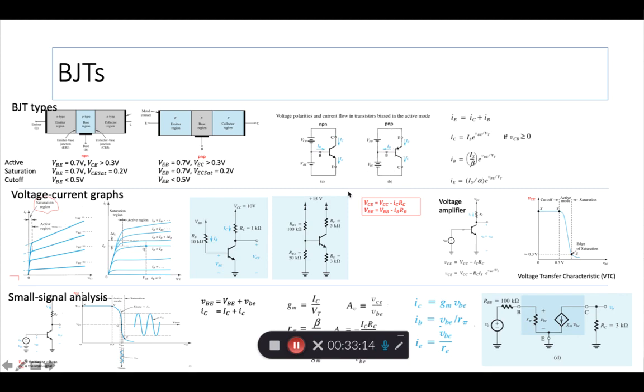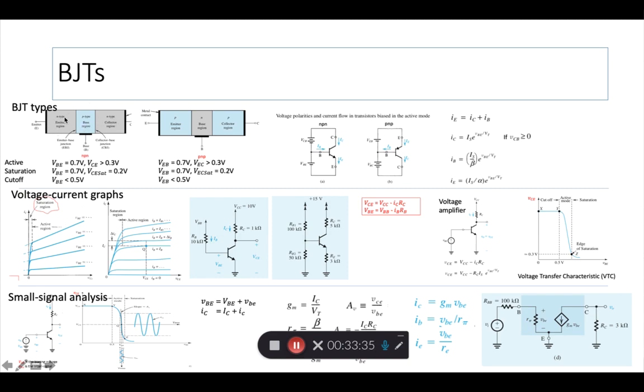Okay, so with that we were introduced to a whole bunch of equations and some new parameters. First of all, IE equals IC plus IB, because all the current from here goes into here and is divided into the base current and the collector current.